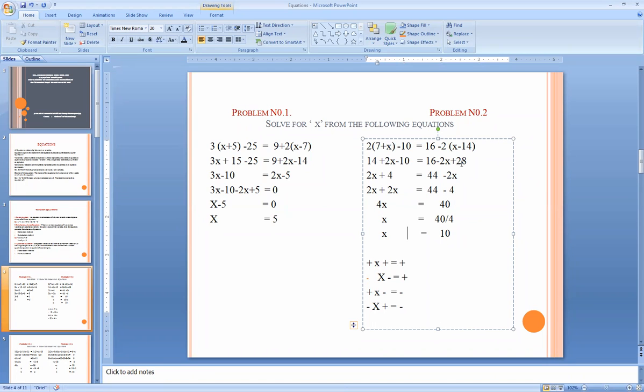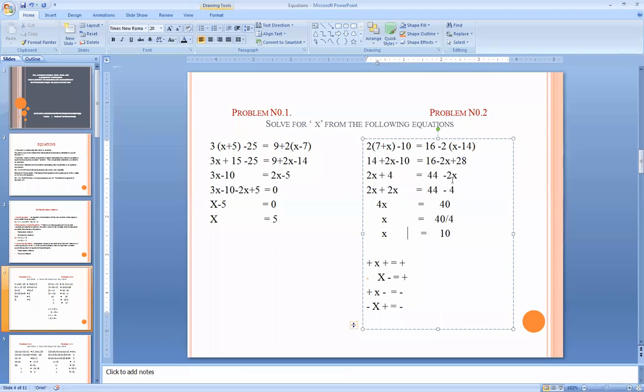In case of minus 16 minus 28, both the values we are also going to add, but the sign will become minus only. Either plus or minus, the same signs we are going to add. But in case of multiplication, either it is a plus sign or a minus sign, the ultimate product value we are going to get is plus only. Now plus 16 plus 28 is 44.